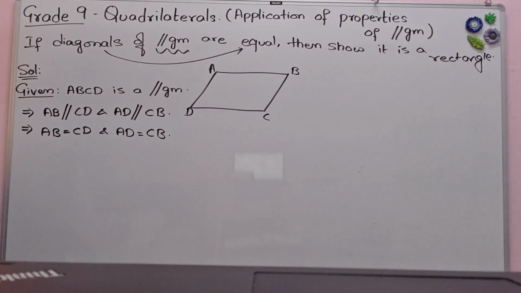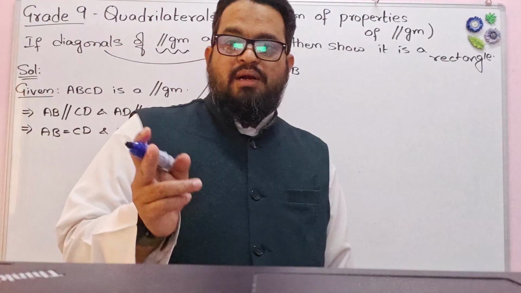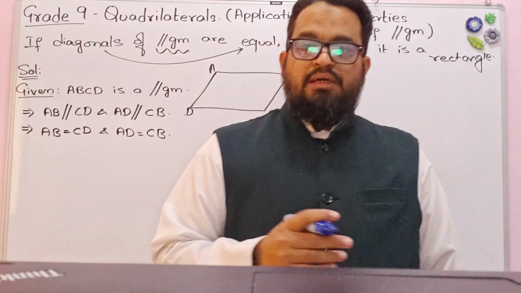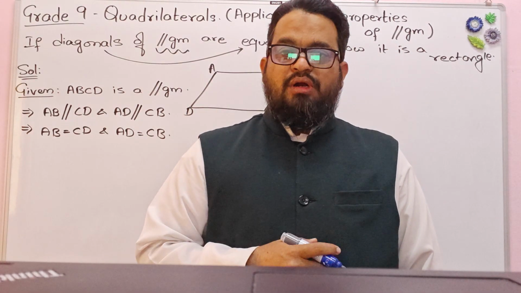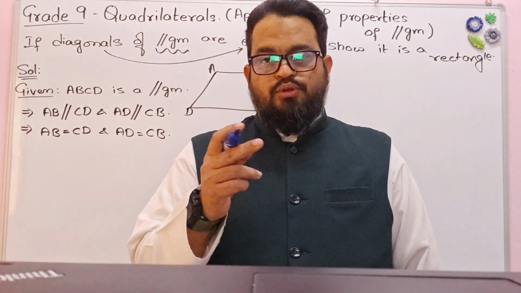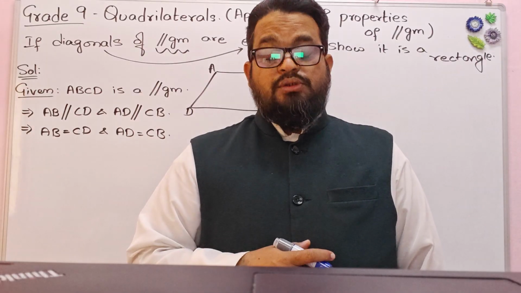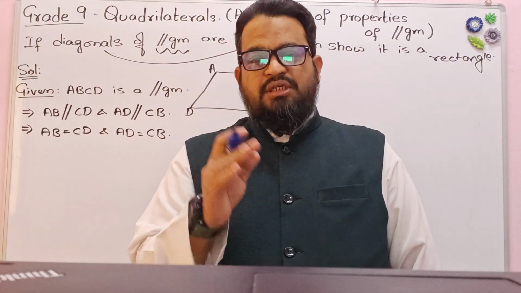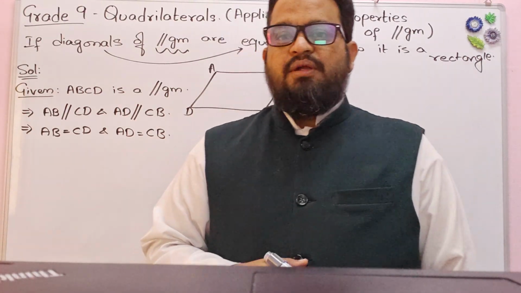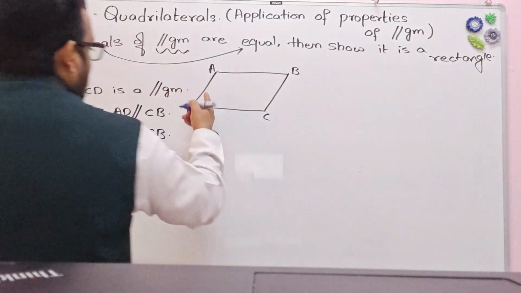So for rectangle, what is the difference between a parallelogram and a rectangle? A rectangle is a parallelogram in which opposite sides are equal and also the angle between the adjacent sides is 90 degrees. So that means you need angles also.